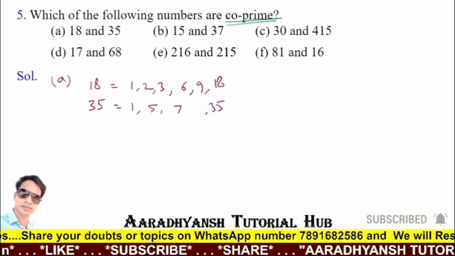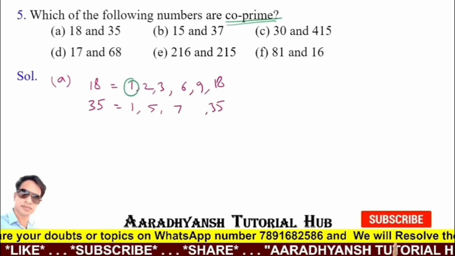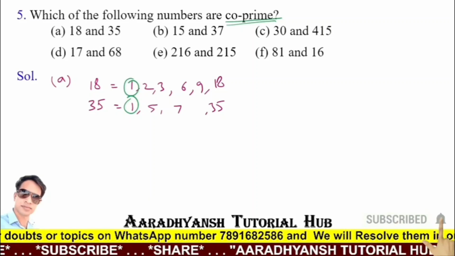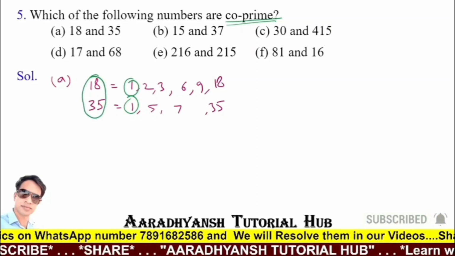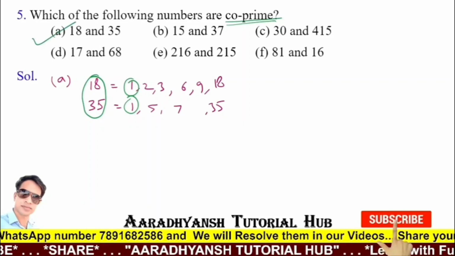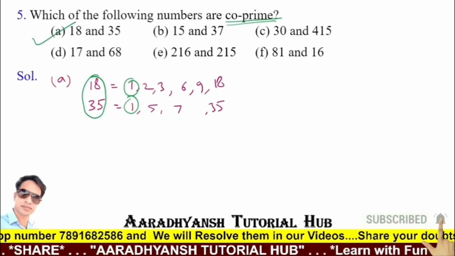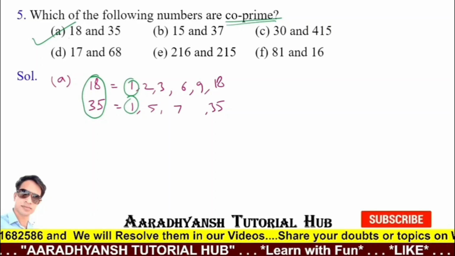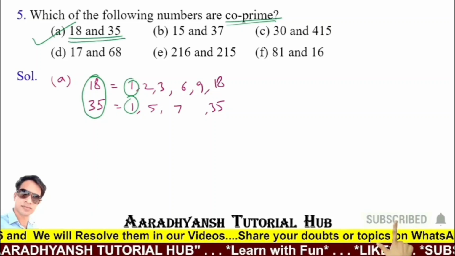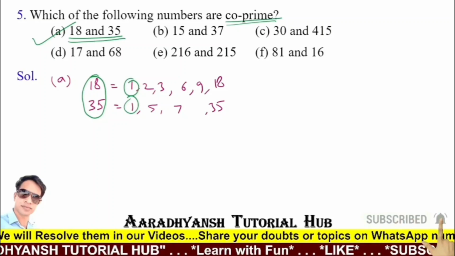You can easily identify there is only 1 as a common factor. That's why these are co-prime. So we can say A is a co-prime pair. Okay, 18 and 35 are co-prime. Similarly, you can check other numbers also.